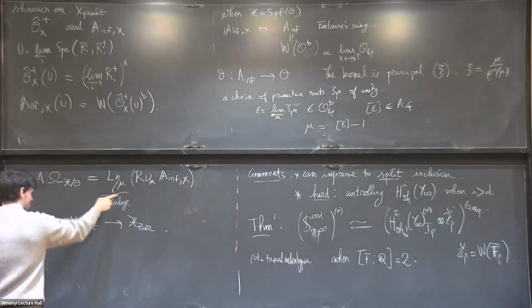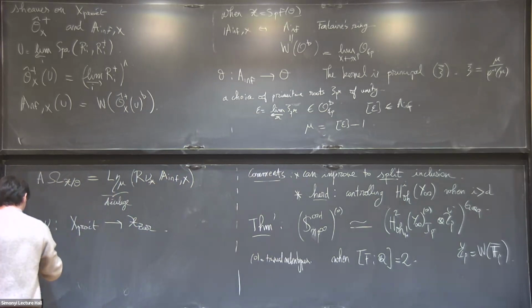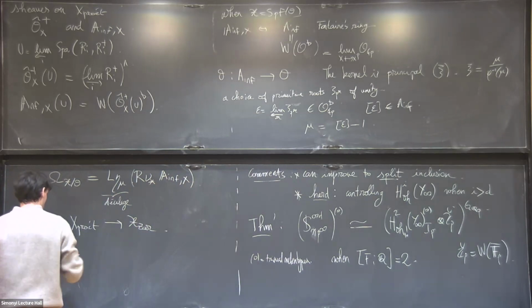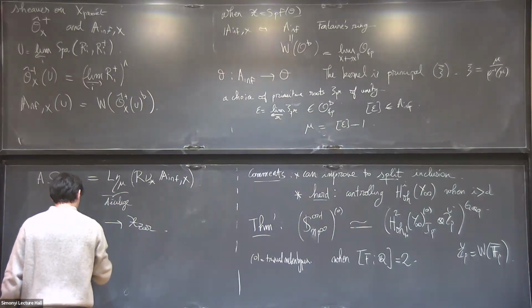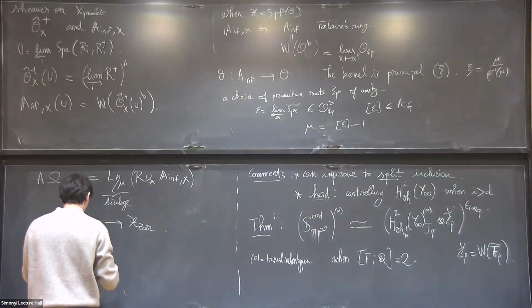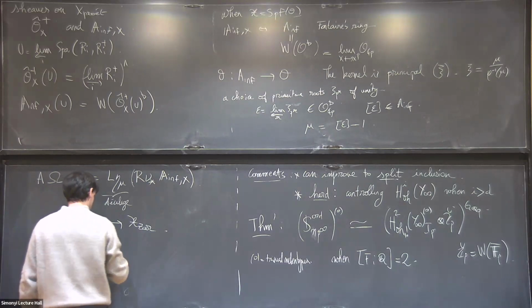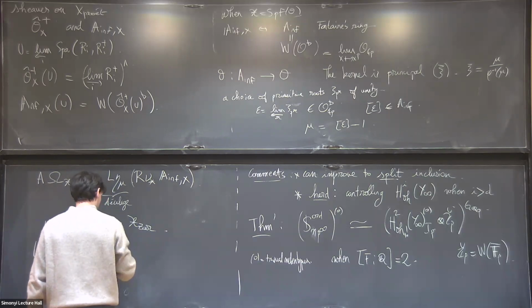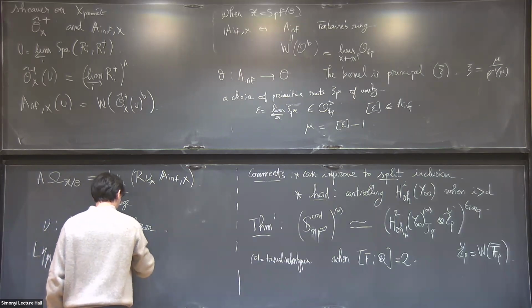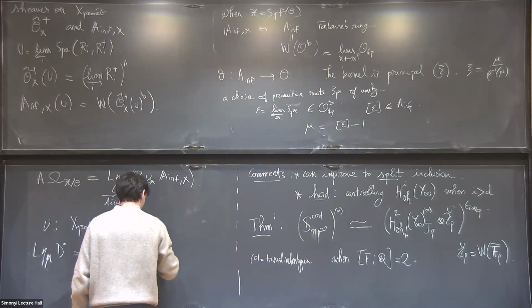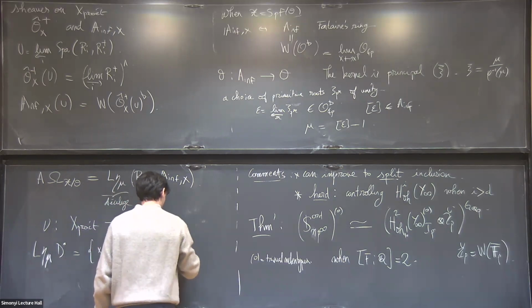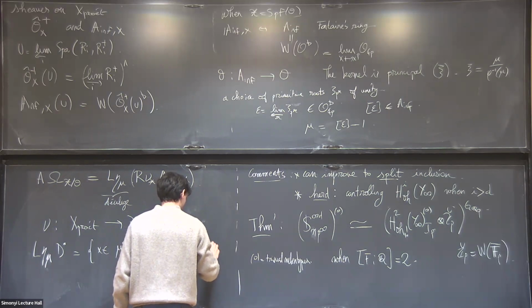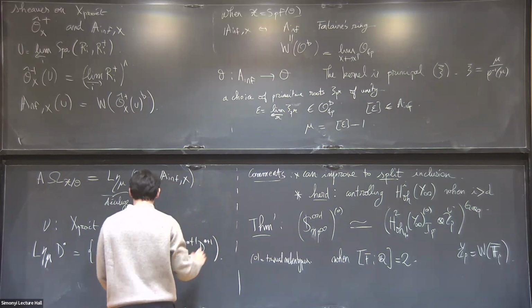Now I just have to tell you who is the décalage. Well, if I have a complex D of A_inf modules, with little d the differential, then these are the x's in D such that the differential belongs to mu times D.